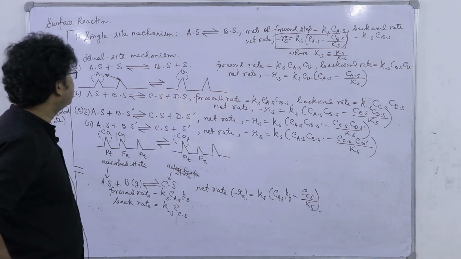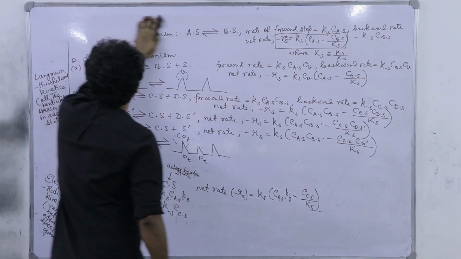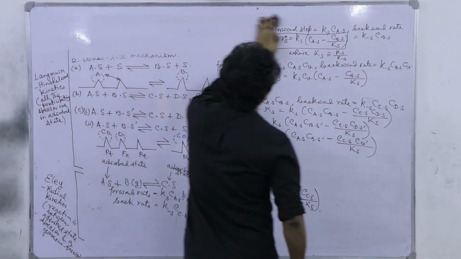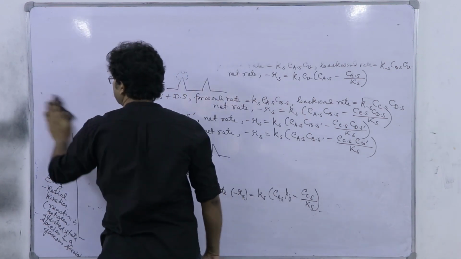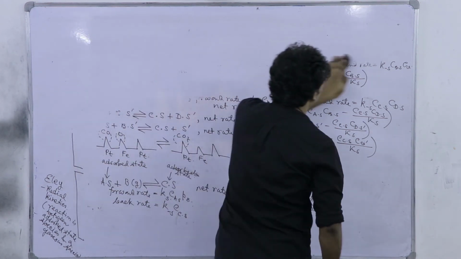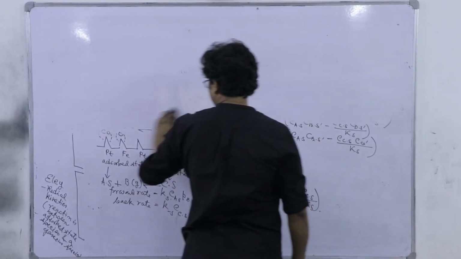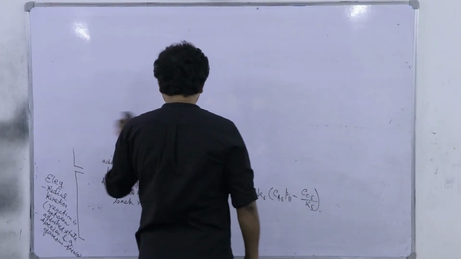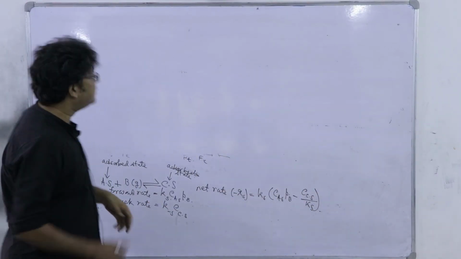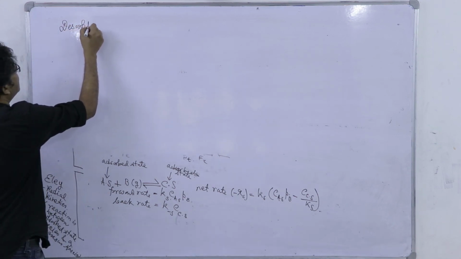Next, we have a small step, that is the desorption, as you can understand. So, how to represent the rate of the desorption process? Desorption is just the opposite of adsorption. Let us see the desorption process.